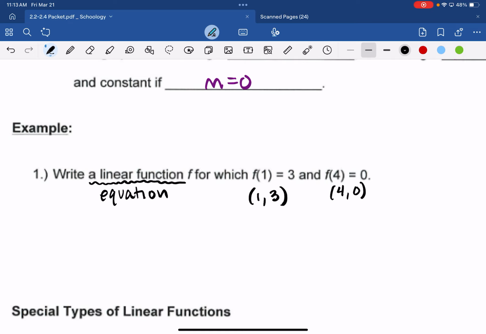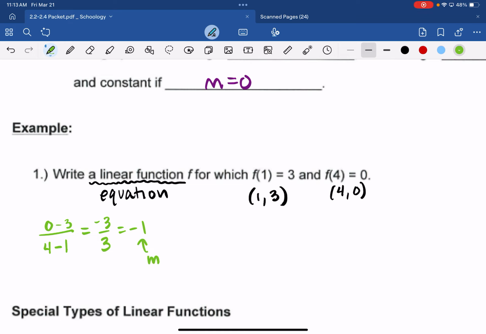Very important part of our y equals mx plus b form. A slope. There you go. y2 minus y1 over x2 minus x1. Okay, perfect. So I'll do 0 minus 3 over 4 minus 1. So I have negative 3 over 3, which simplifies to negative 1. That's my slope. That's my m value.